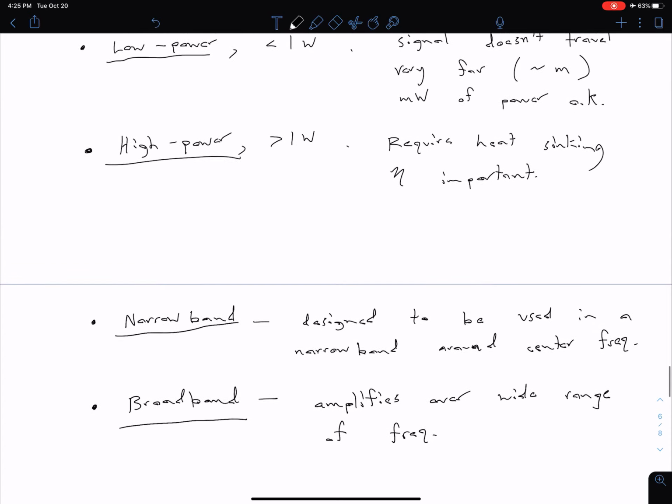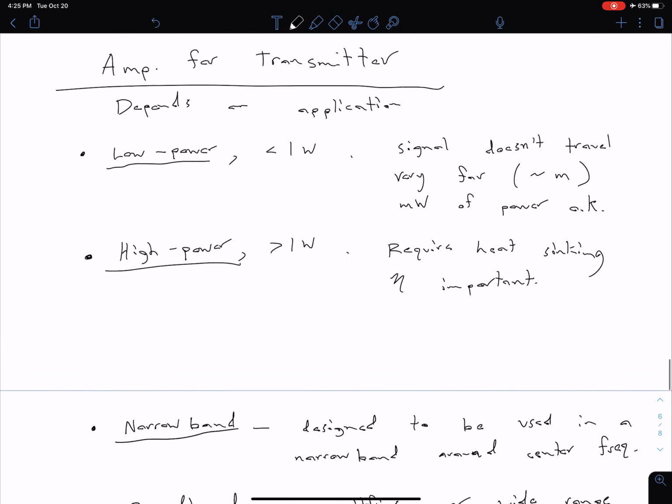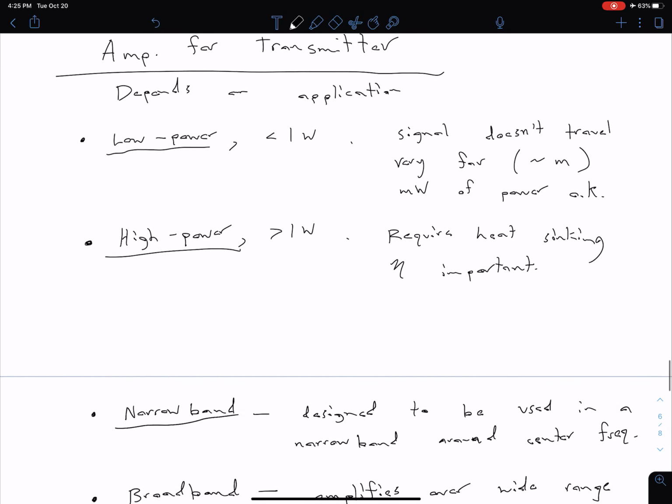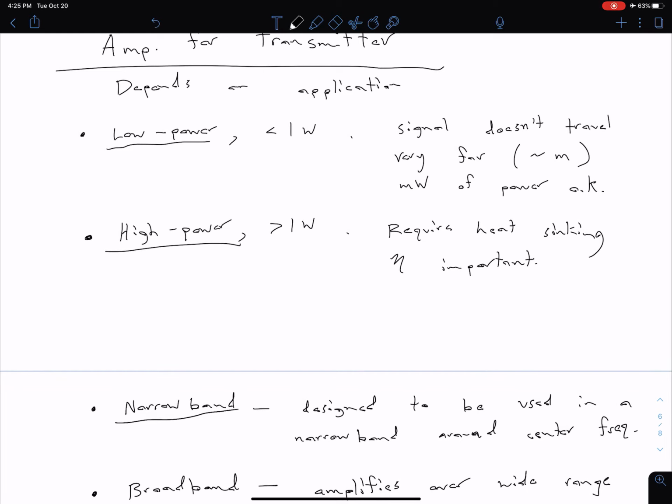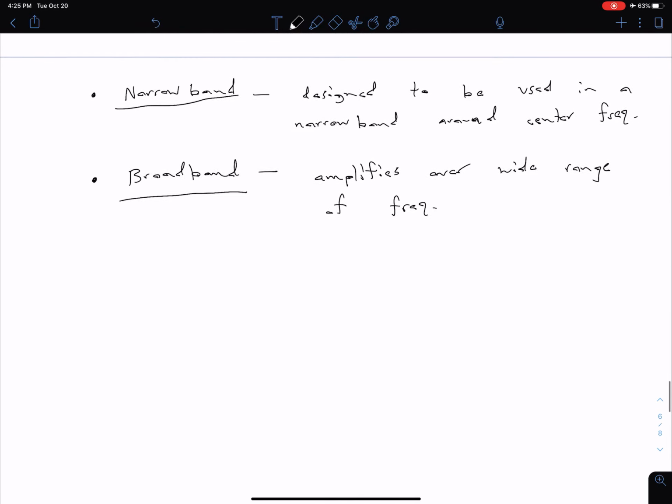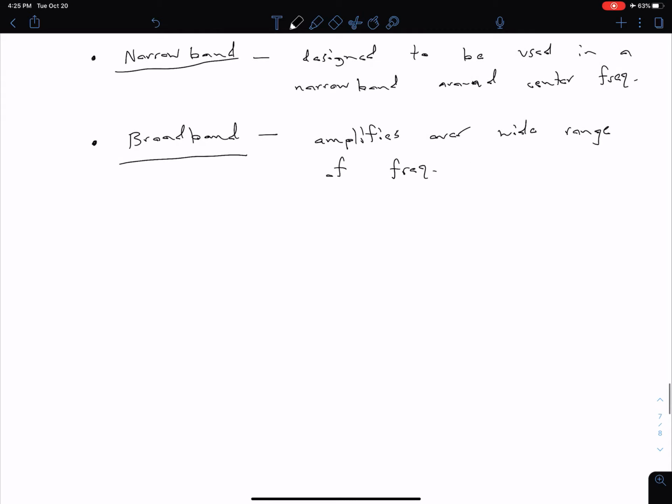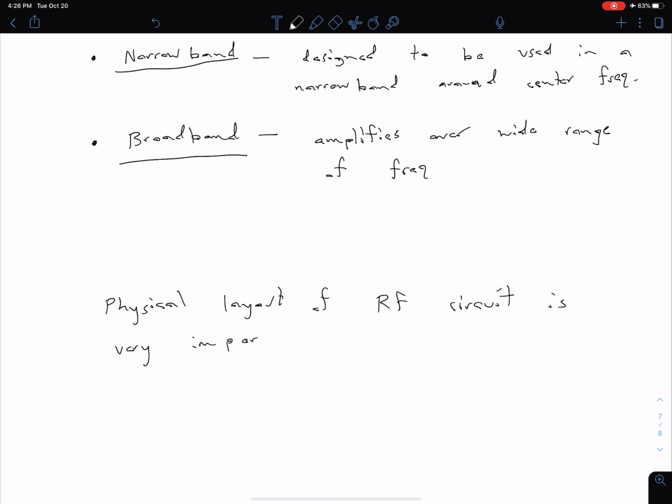And so again, I want to come back to a point that I've said in a previous video. Regardless of the type of amplifier we use, whether it's low or high power, narrowband or broadband, we have to keep in mind that the physical layout of the RF circuit is very important. And so this comes back to the idea that I mentioned earlier.